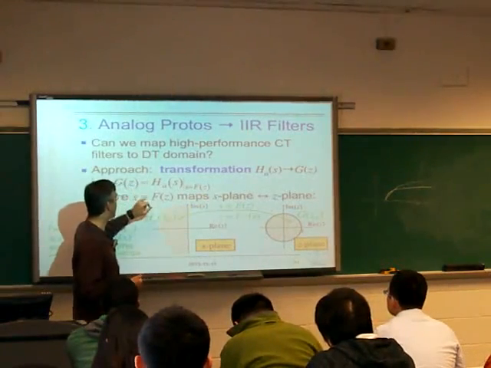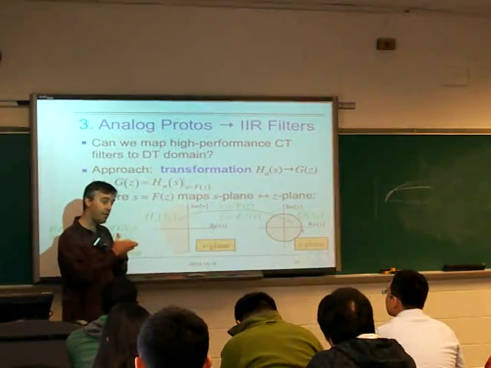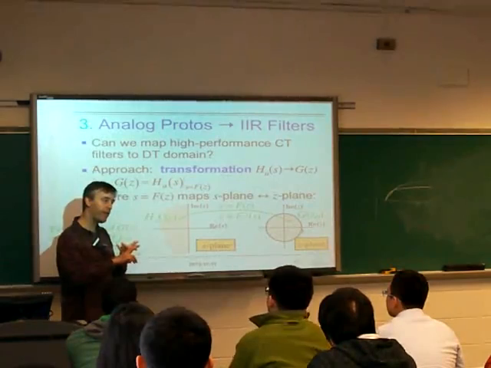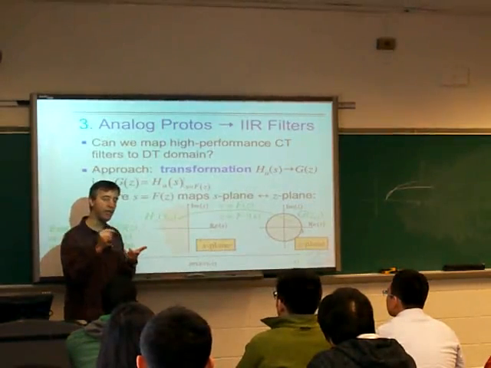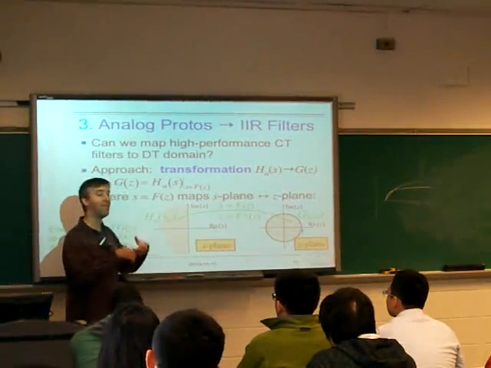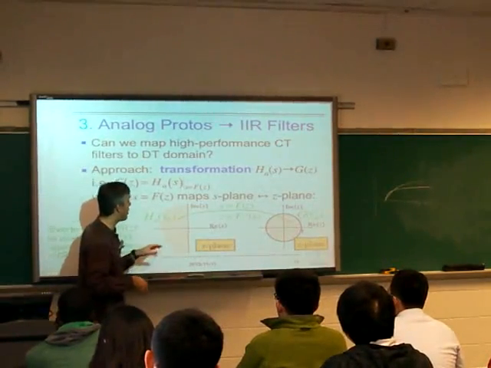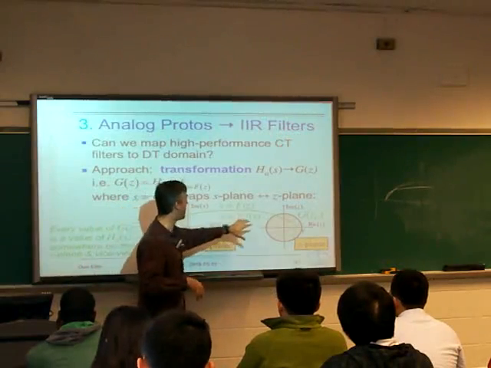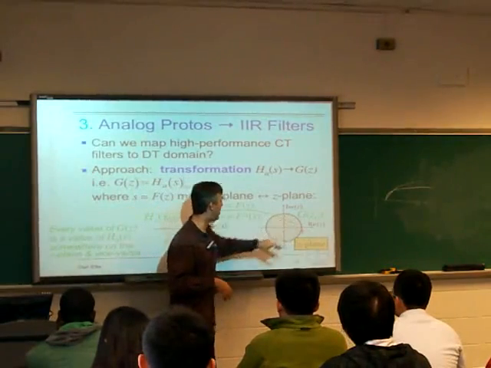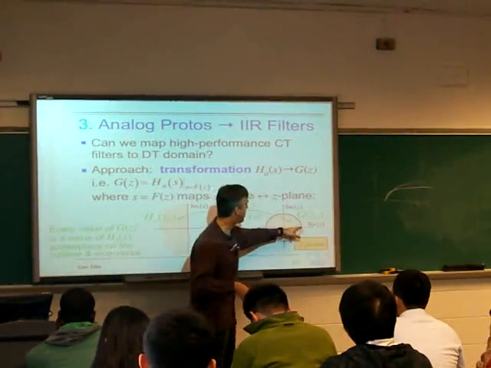But we're going to do it in such a way that this z-domain polynomial will have stable poles, assuming the s-domain polynomial had stable poles, and will have a frequency response that maps from the individual frequency points of the s-domain into the frequency points of the z-domain. So what we're looking for is a mapping between s and z that takes this half plane and maps it to the inside of the unit circle, and takes this imaginary axis and maps it to the unit circle.